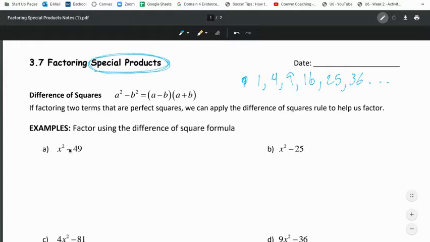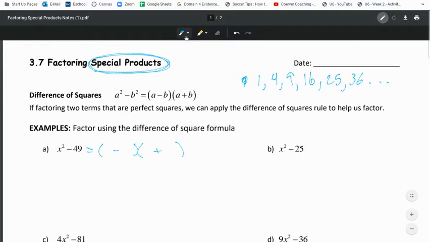So I look at this and I see subtraction of two terms, and I know 49 is a perfect square, and x squared is also a perfect square because x times x is x squared. So I know that this is going to factor into two different factors, one with a minus and one with a plus in it.